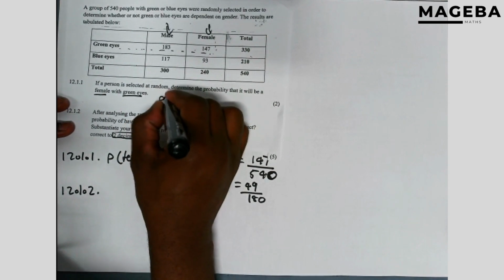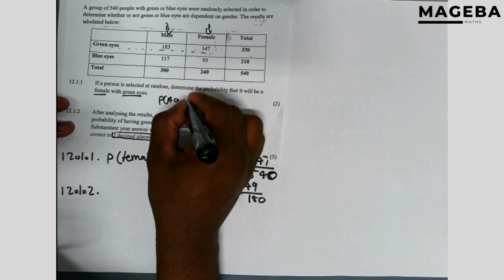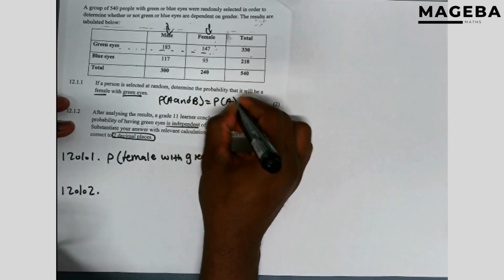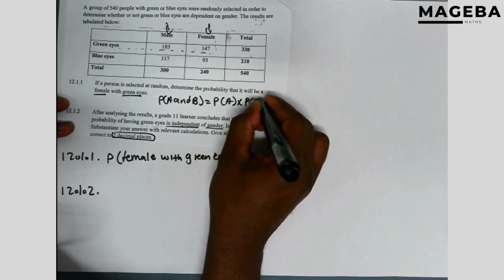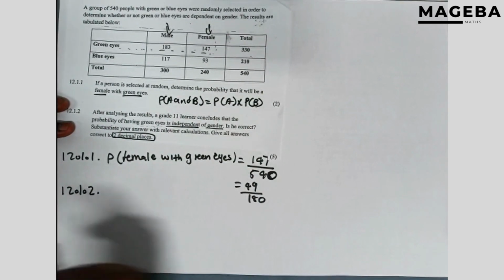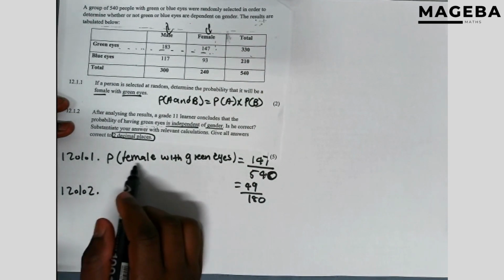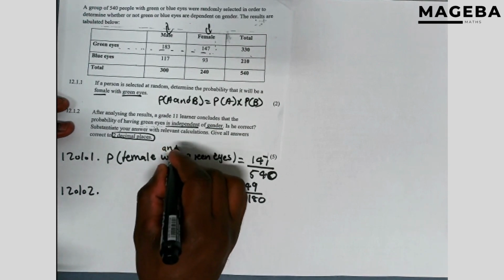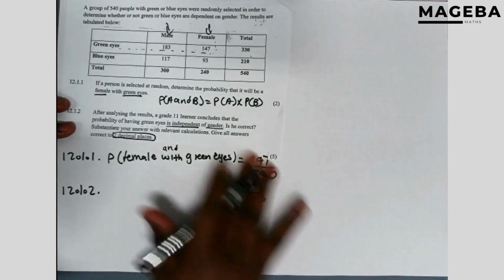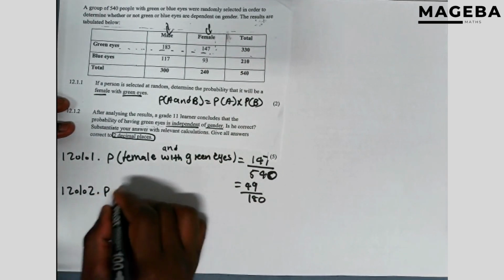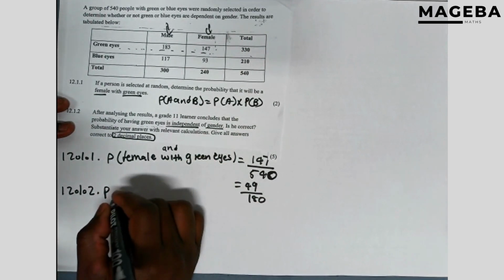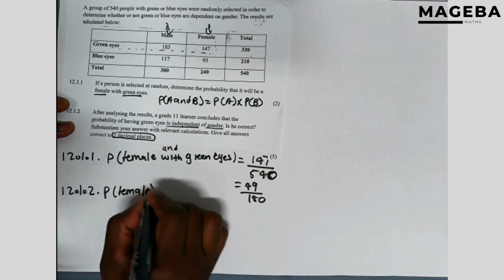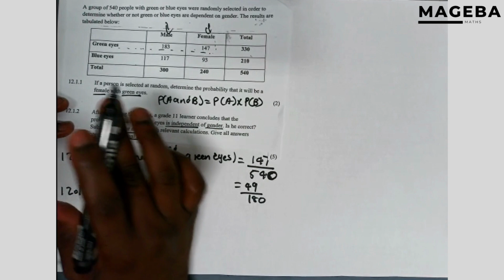Now we already found independence. I hope you still remember that the probability of A and B is equal to the probability of A times the probability of B. I'm going to apply this. We have already found the probability of a female and green eyes. Now I'm just going to find the probability of just being a female.